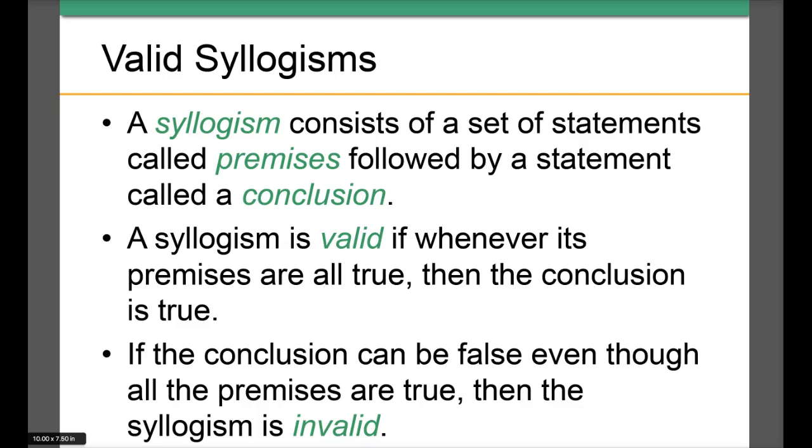And if the conclusion can be false, even though all the premises are true, then we note that the syllogism is invalid. The way that we're going to show this is by using what we call Euler diagrams. When we use Euler diagrams, they look a lot like Venn diagrams if you've watched my set theory videos, but we call these Euler diagrams because that's just what they are.